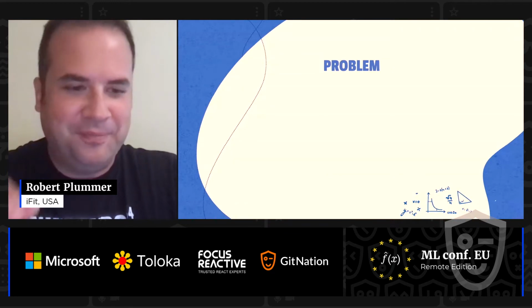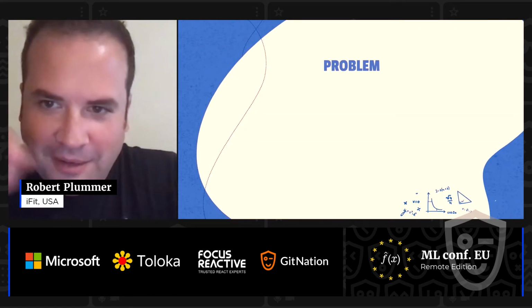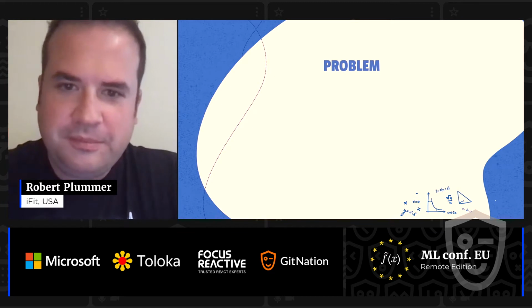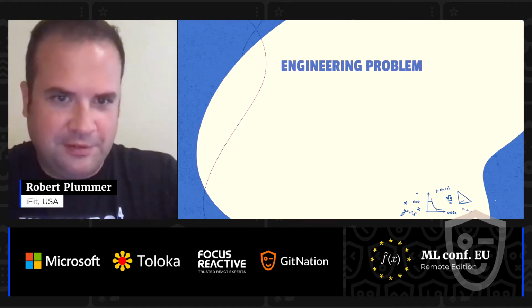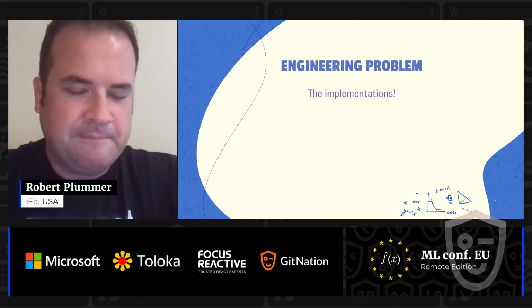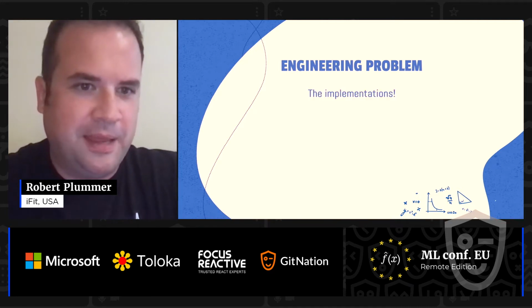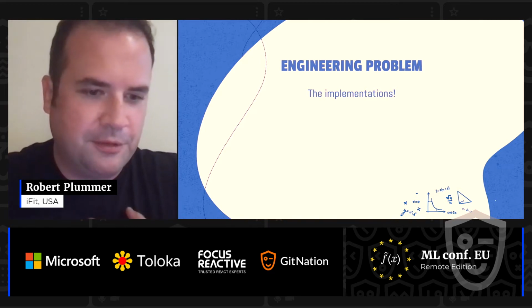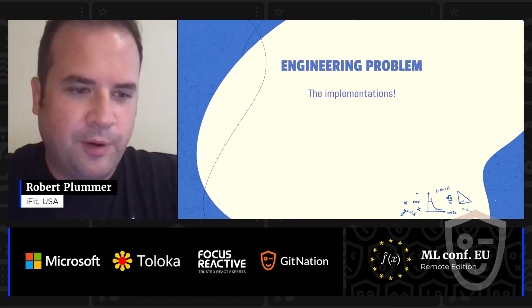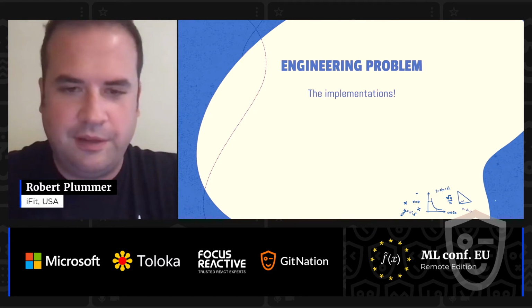but there's a problem, even with just adding that one little number there, and that's this. It represents an engineering problem, the implementations that we have to manage. So I personally write in Node. I'm the tech lead on the machine learning team.